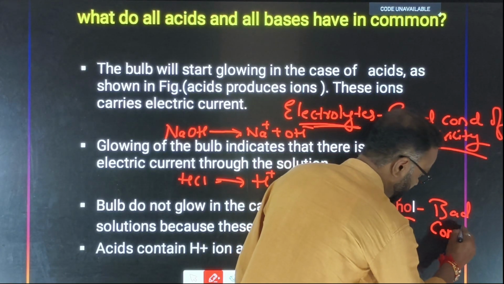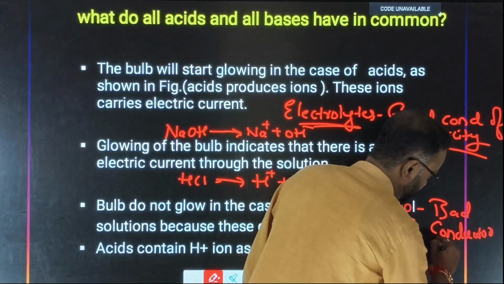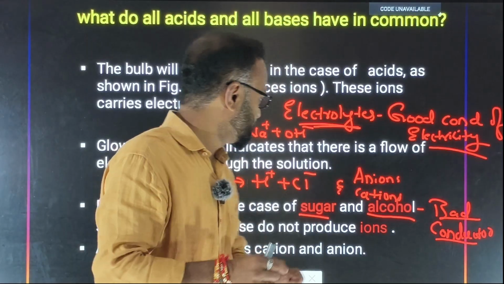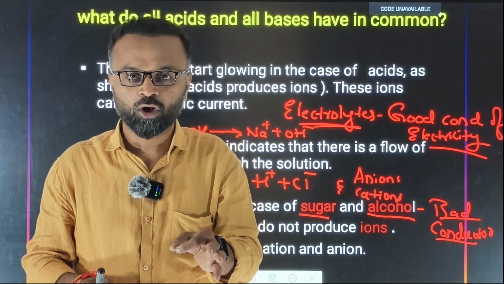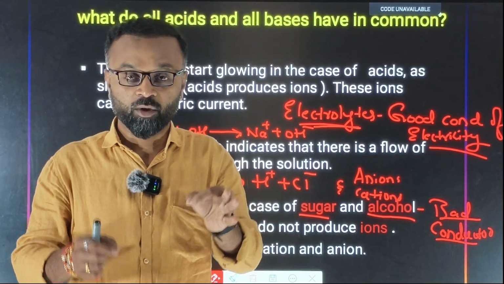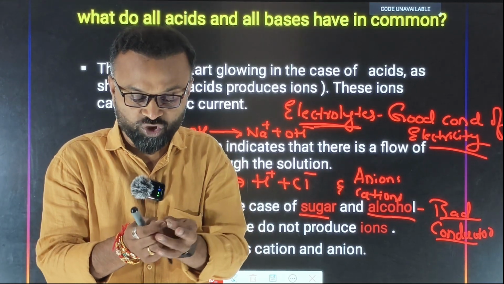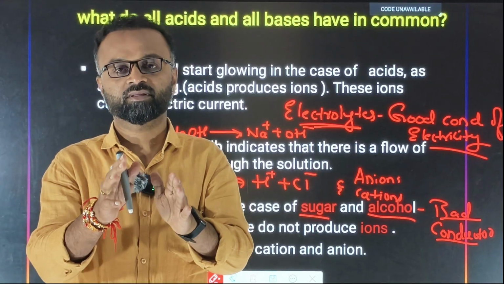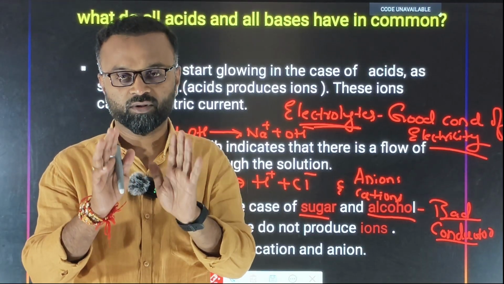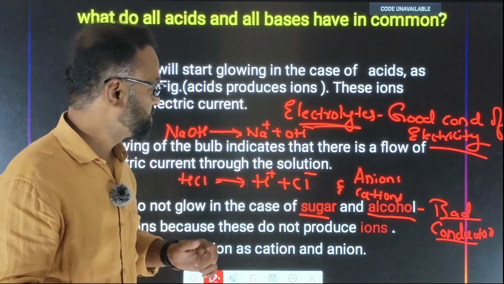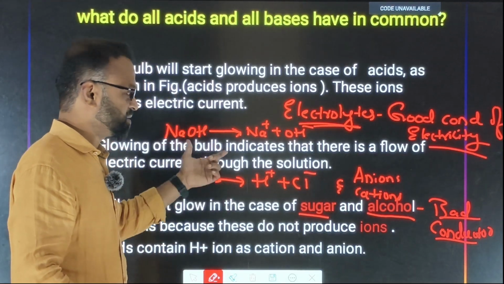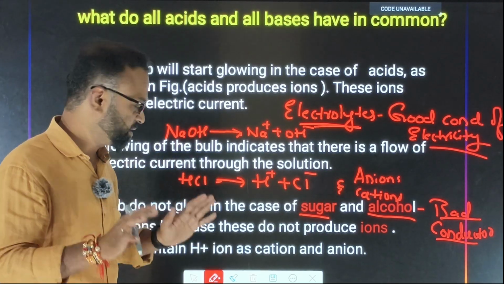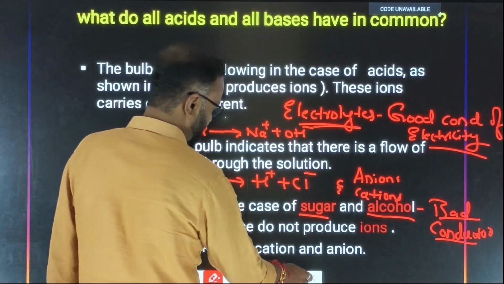Why are they bad conductors? Because glucose, sugar, alcohol or distilled water will not dissociate to produce plus and minus ions, but acids and bases can produce ions. Hence acids and bases are good conductors. Sugar and alcohol will not conduct any electric current.